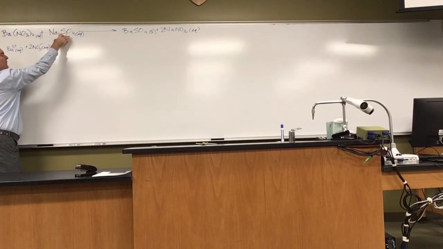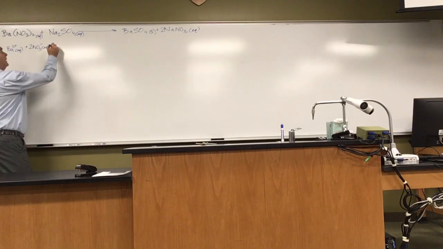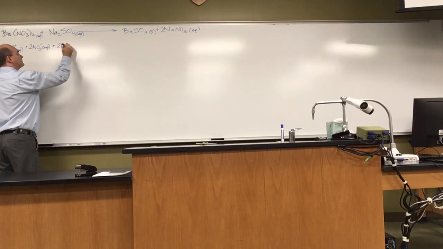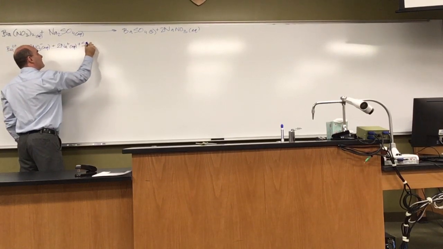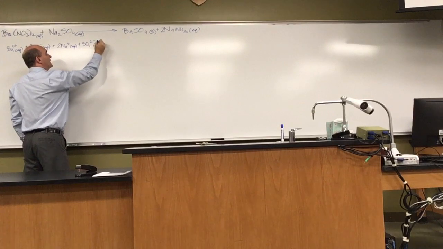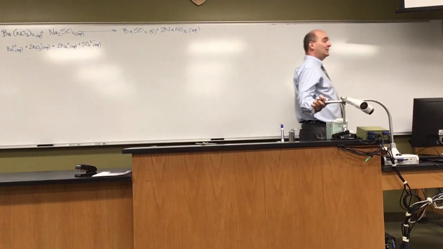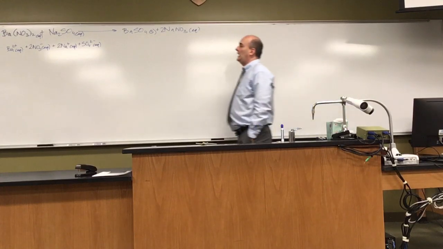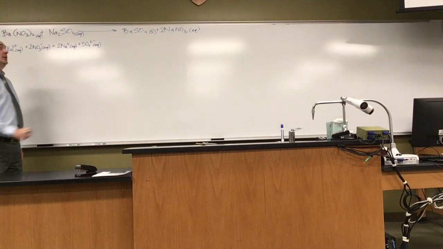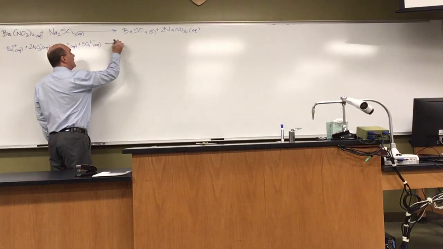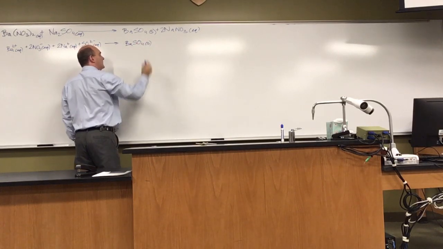Sodium sulfate, most sulfates are soluble, but all sodium salts are soluble. Sulfate was SO4 2-. You have to learn that list of polyatomic anions. And sodium's in group 1, so it's very easy to predict that that is a 1+. And then I have BaSO4, and this is not in solution, it's a solid.